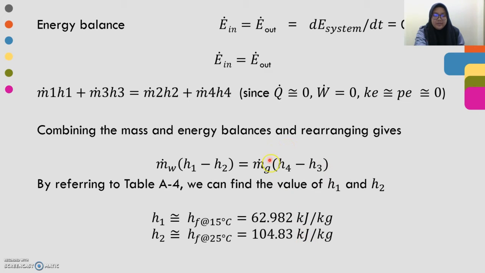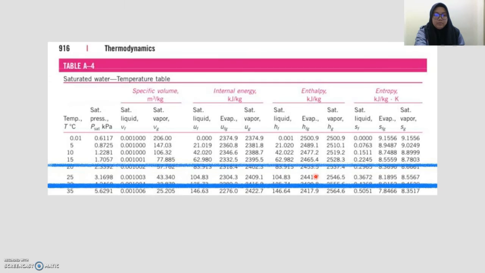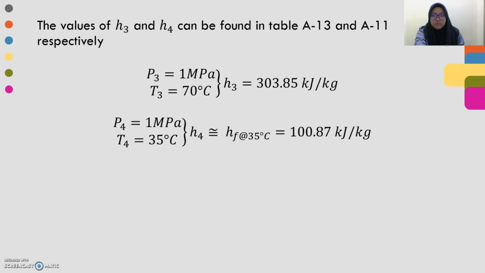Next, we have to find the value of H4 minus H3. We know H4 and H3 are for the refrigerant, so we have to look at other tables. For H3, the pressure is 1 megapascal and the temperature given in the diagram is 70 degrees Celsius, so we have to open the tables for refrigerant, A13 and A11.